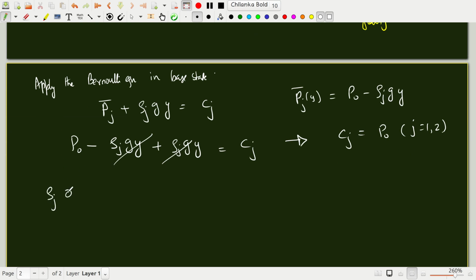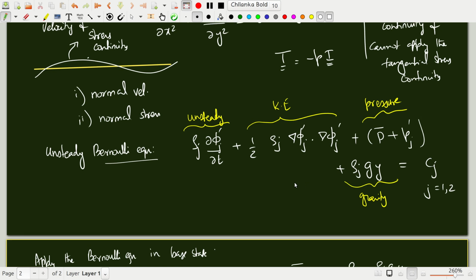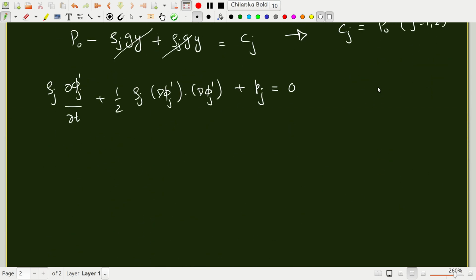So rho j partial phi j prime partial t plus half rho j del phi j prime squared plus Pj prime is 0. This is what we will get in the perturbations after substituting for the base state quantities and removing the base state quantities.